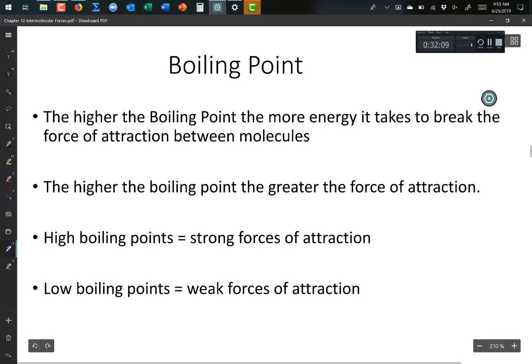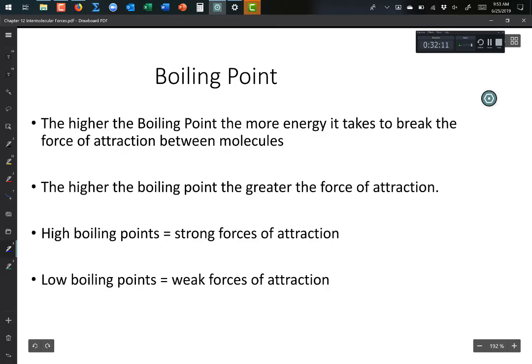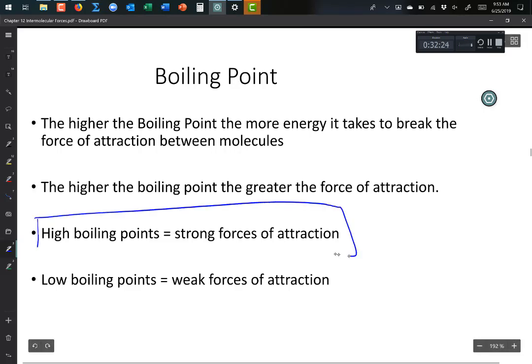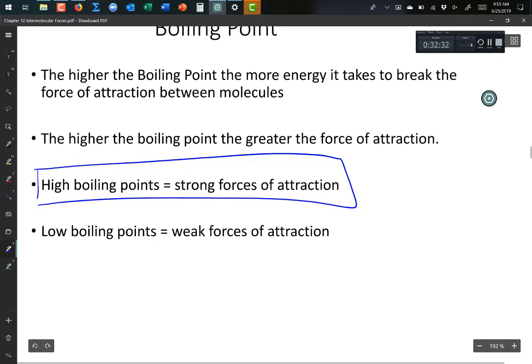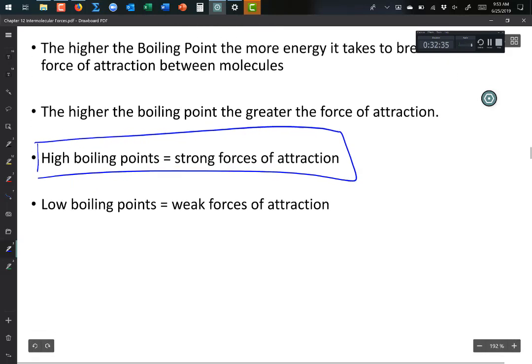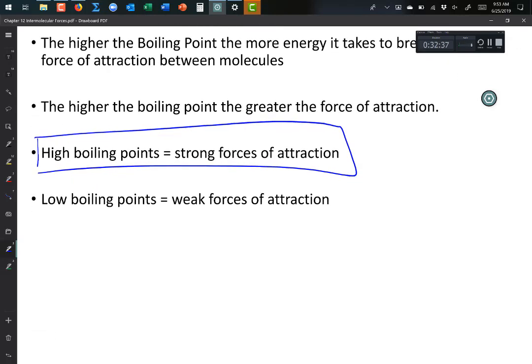Okay, so let's talk about boiling point real quick. The higher the boiling point, the more energy it takes to break the forces of attraction between molecules. So high boiling points mean strong forces of attraction. Likewise, low boiling points mean low forces of attraction. What about freezing point? Freezing and melting, right?